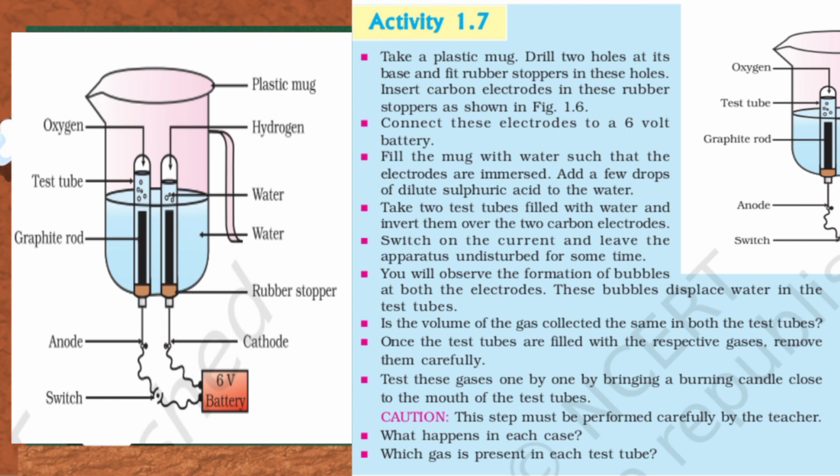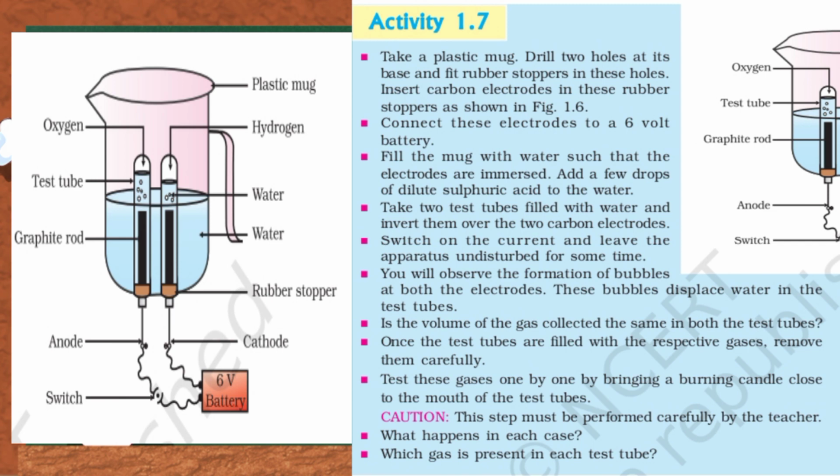You will observe formation of bubbles at both the cathodes in the test tube. These bubbles displace water in the test tubes. Is the volume of the gas collected the same in both the test tubes? Once the test tubes are filled with the respective gases, remove them carefully. Test these gases one by one by bringing a burning candle close to it.